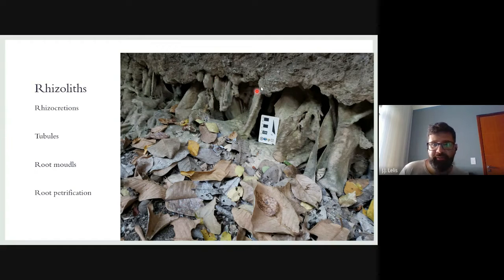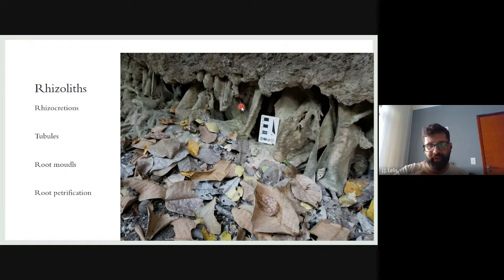So these areas are features that express an ancient root that grew inside the soil, but this root was covered by calcium carbonate. In this case it was calcium carbonate, and the calcium carbonate preserved this root. We can see in this area that there's no root here anymore. So the root was completely decomposed.